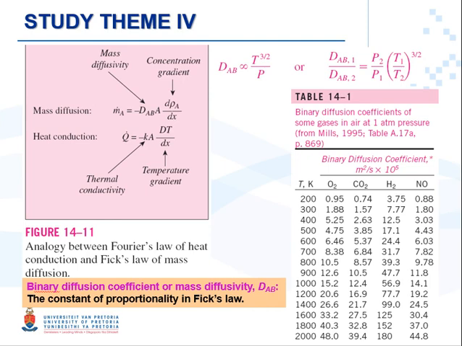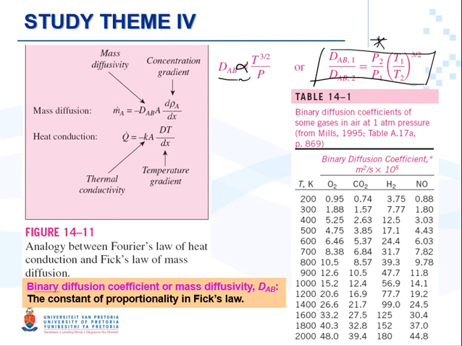But from the kinetic theory of gases, we have these two correlations. D_AB is related to temperature to the power of 3/2 divided by pressure, and here it's very important how this binary diffusion coefficient, or mass diffusivity, is related to the pressure and temperature of the species.